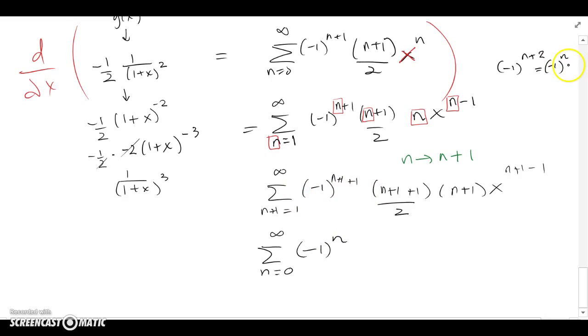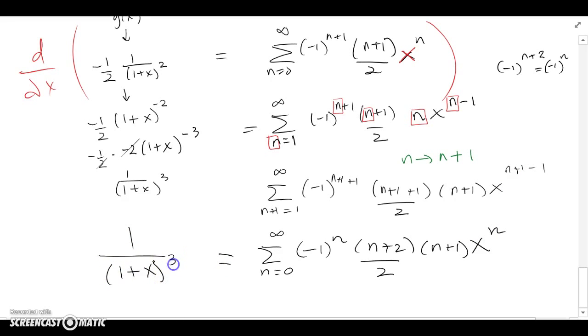So might as well put it in simpler form, because if this is an odd power, this is an odd power, and if this is even, this is an even power. So it toggles back and forth the same way. n plus 2 over 2, and n plus 1 times x to the n should give me my h of x representation as a power series.